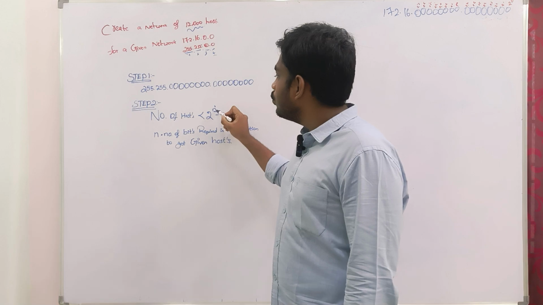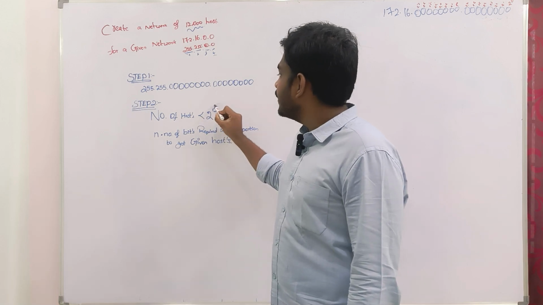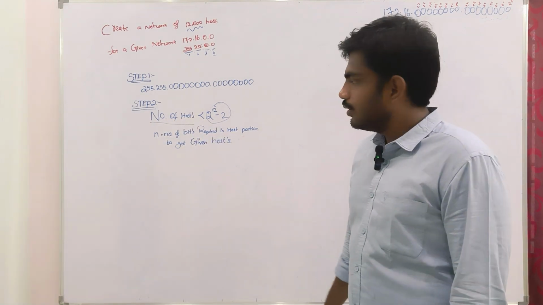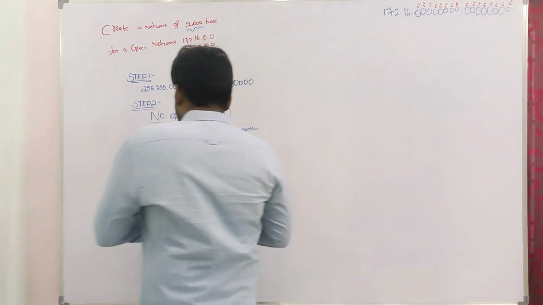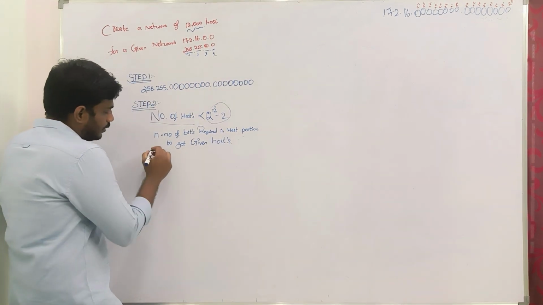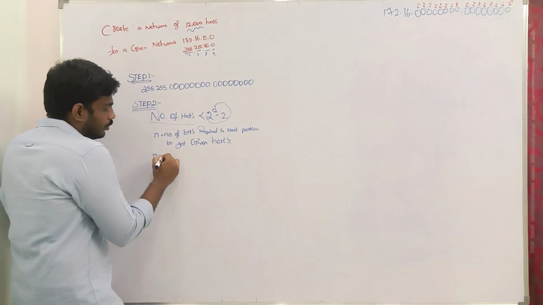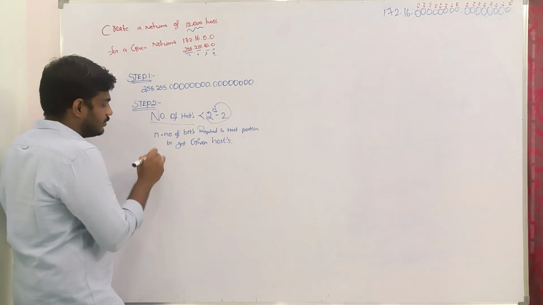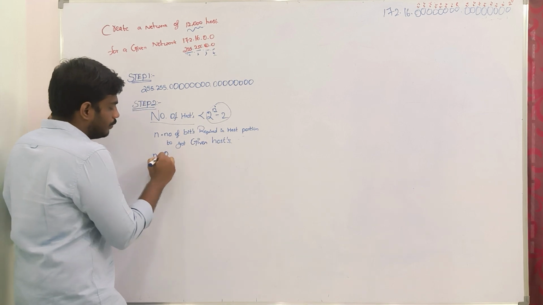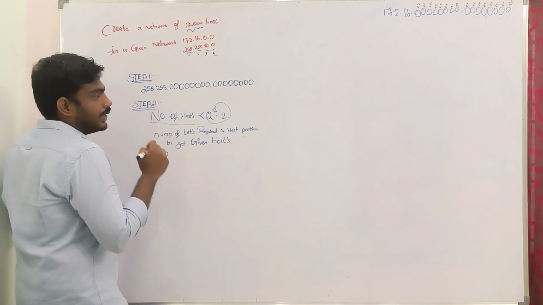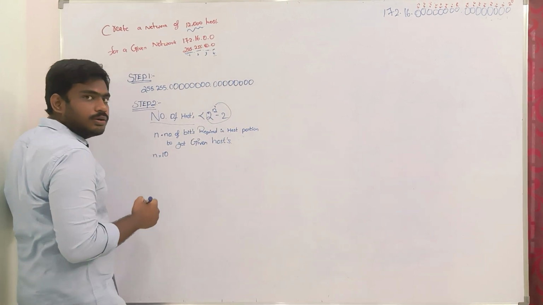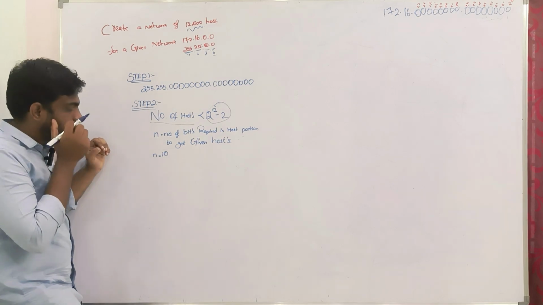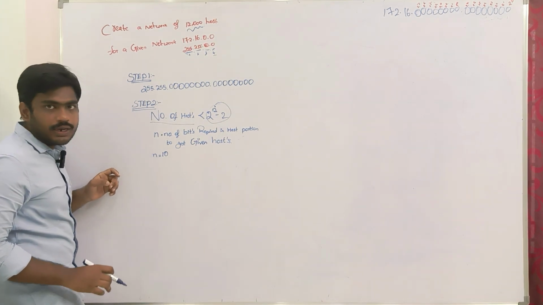That n value should make this expression greater than the number of hosts. Okay, I will make you understand better. In my previous videos I substituted 1, but here I start with 2, because I know if I take 1 bit in the host portion, that will not be helpful to acquire 12,000 hosts. So I increase my n value.